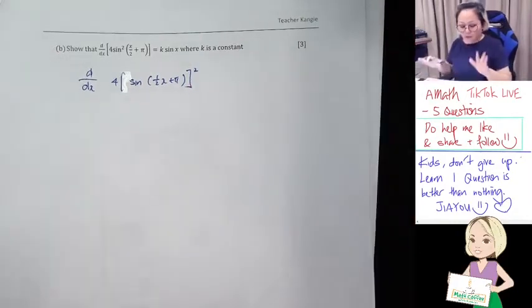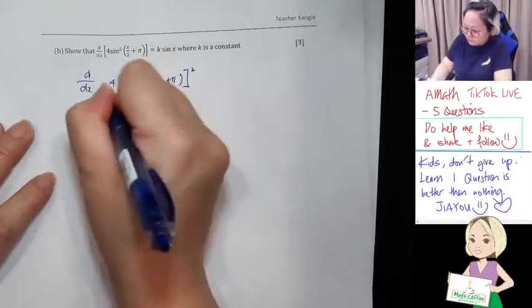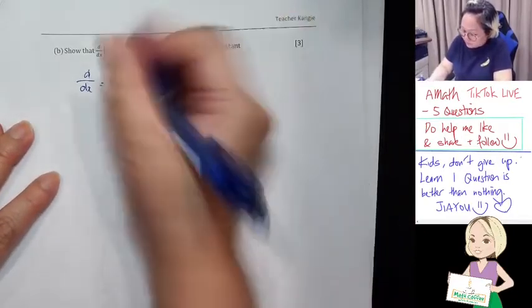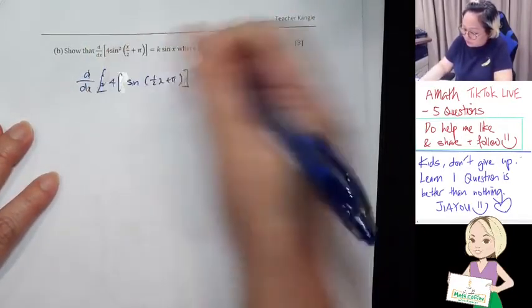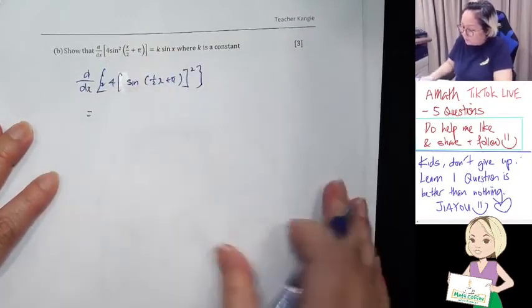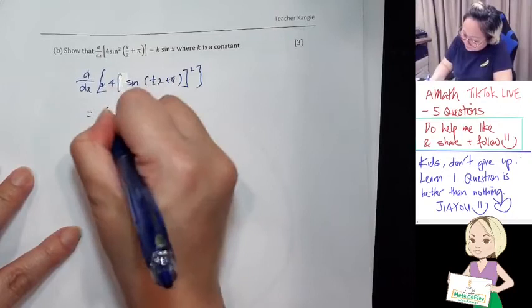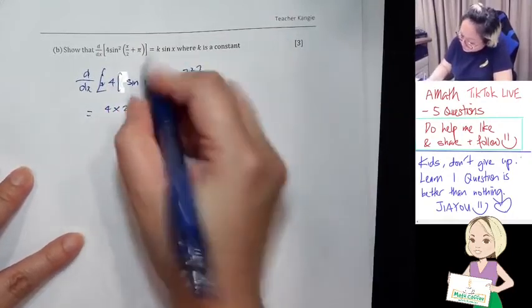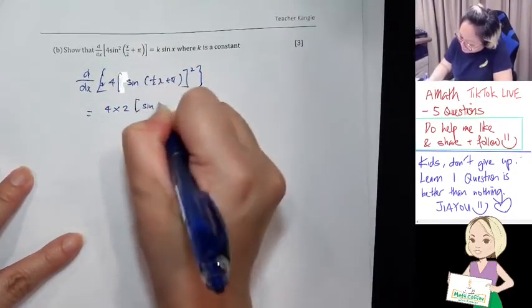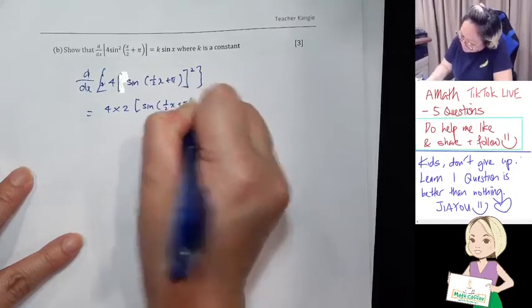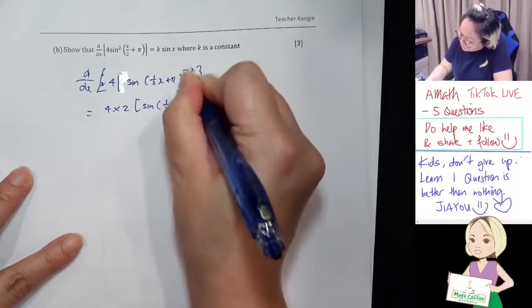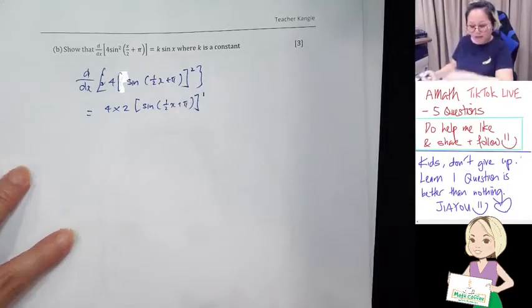So now we are ready to apply chain rule. Sorry, this is still not differentiated. So now 2 brings down, so it becomes 4 times 2. Inside everything copy. Power minus 1, so 2 minus 1 is 1 outside.